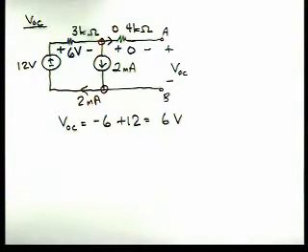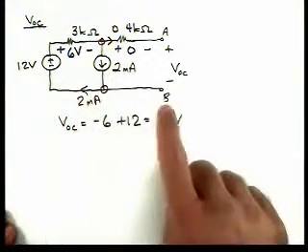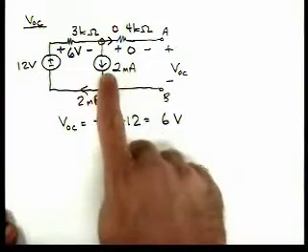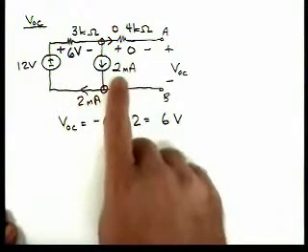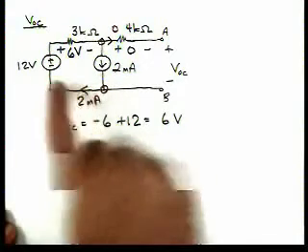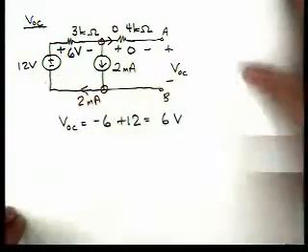Now we need to find the Thevenin resistance, and if we look at our circuit, we only have independent sources. So one way we can find the Thevenin resistance would be to turn these sources off. If I turn a current source to 0, I would replace it with an open circuit, and if I turn the voltage source to 0, I replace it with a short circuit.